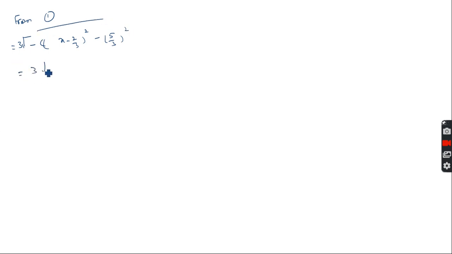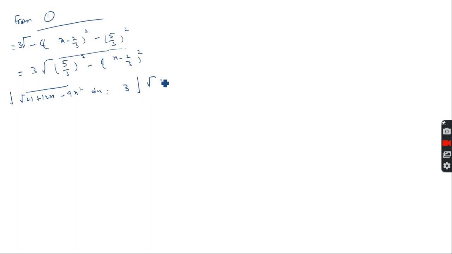That is nothing but 3 into root of, multiplying by minus, 5 by 3 whole square minus x minus 2 by 3 whole square. This form is under the root. So what is the original? The given question is the integral of root of 21 plus 12x minus 9x square. It is nothing but 3 into the integral of root of 5 by 3 whole square minus x minus 2 by 3 whole square.